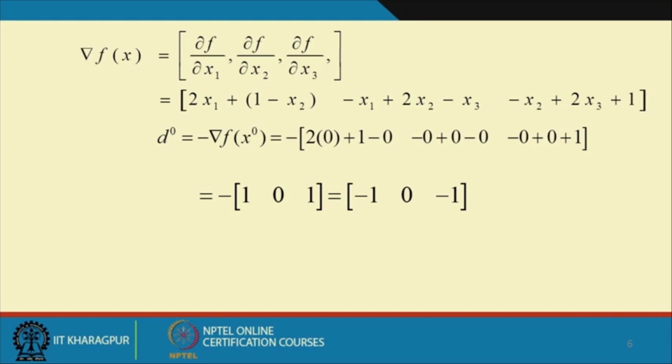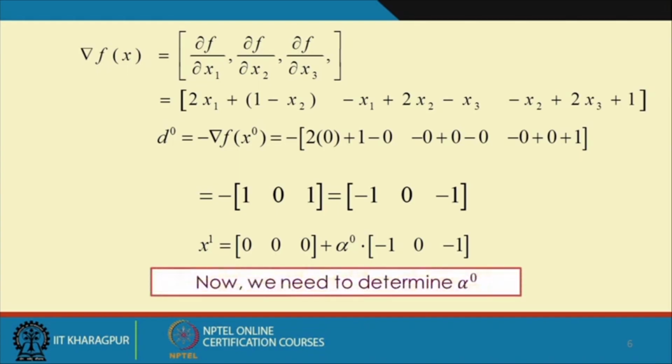If this is so, then my next point would be x0 plus alpha 0 s0. S0 is my direction d0, alpha is the step length, x0 is the starting point. If we do so, then x1 we get like this.